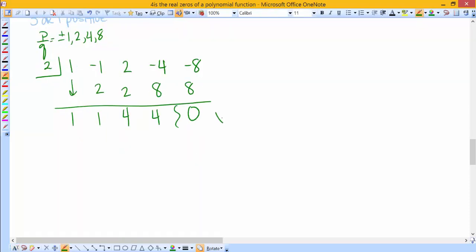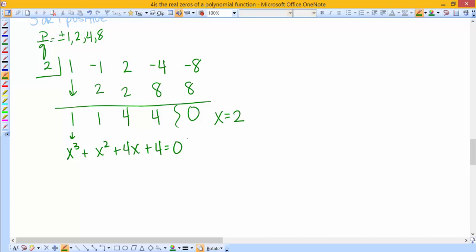So I know one of my answers is 2. So there were how many possible solutions for this one? There are 4. I have found 1. So there are 3 more. So when I start, this is x cubed plus x squared plus 4x plus 4 equals 0.